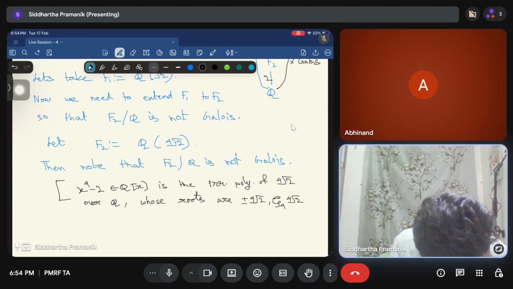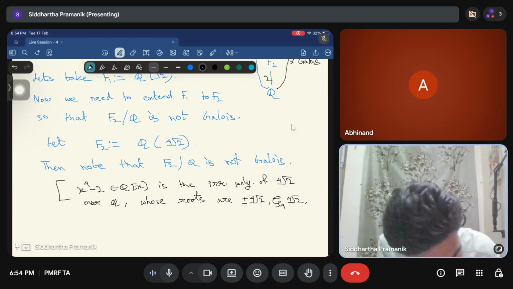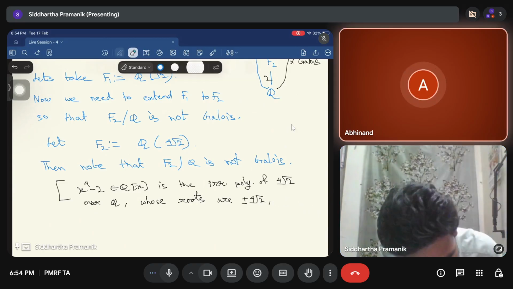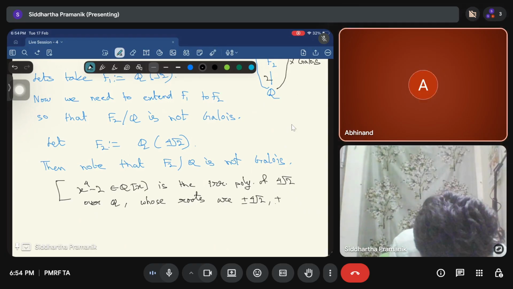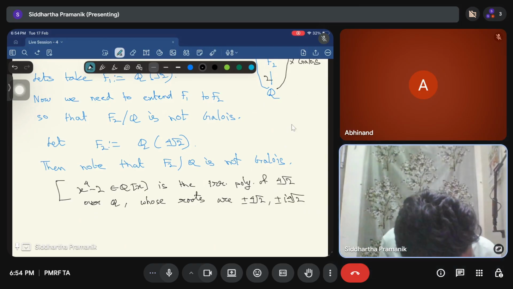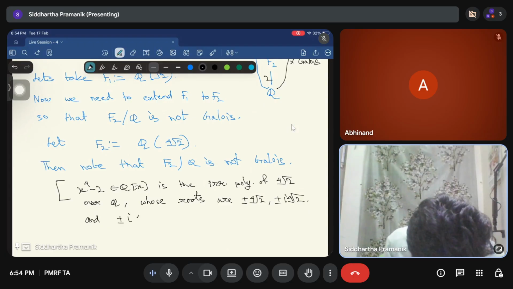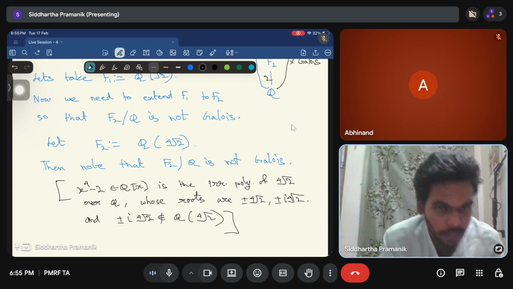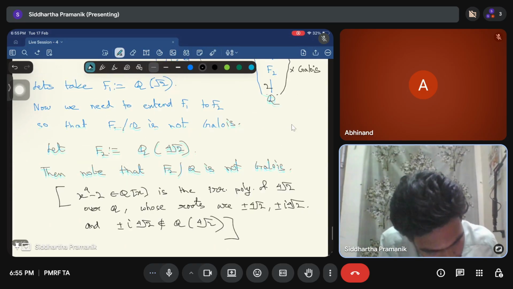Note that plus or minus i times the fourth root of 2 does not belong to this field, because it is a subfield of R. So it cannot be normal, and in particular it cannot be Galois. We have got F2.